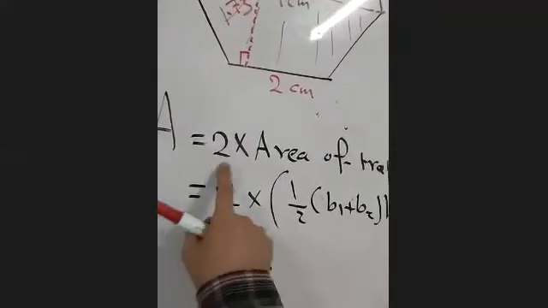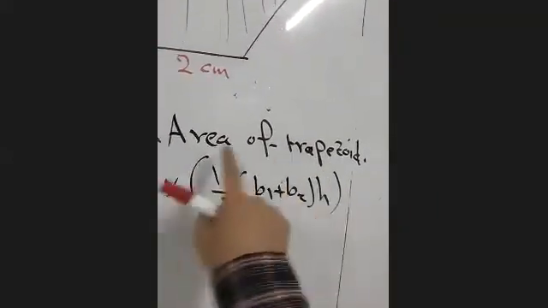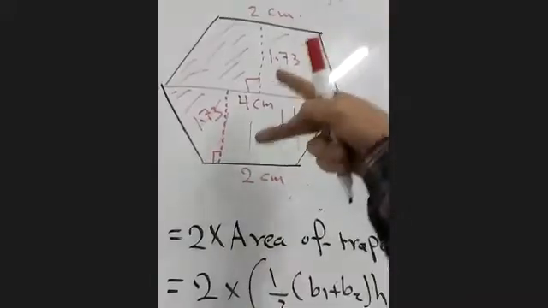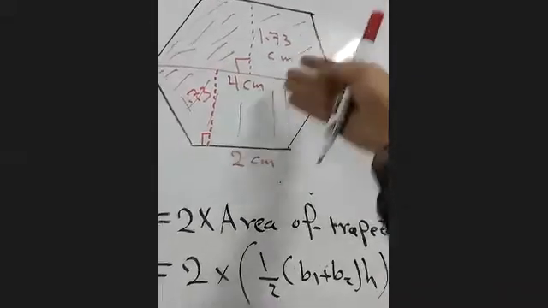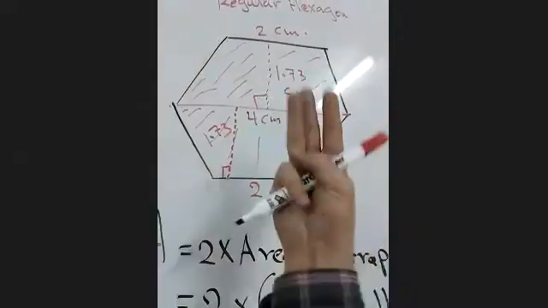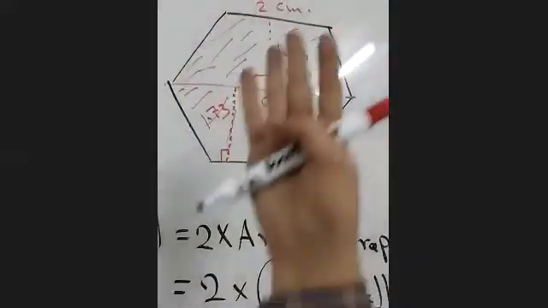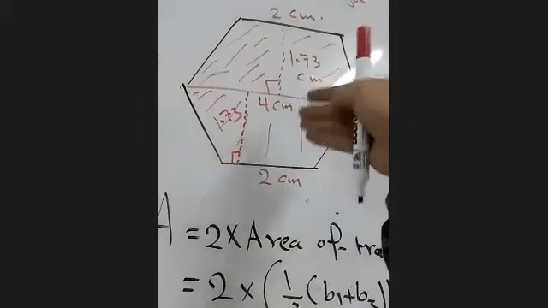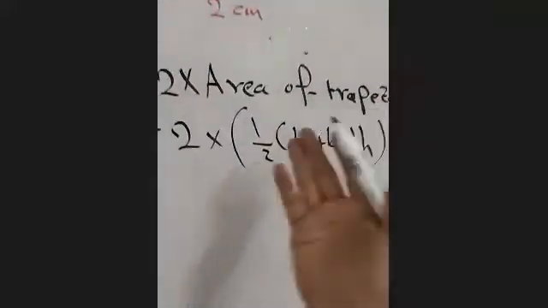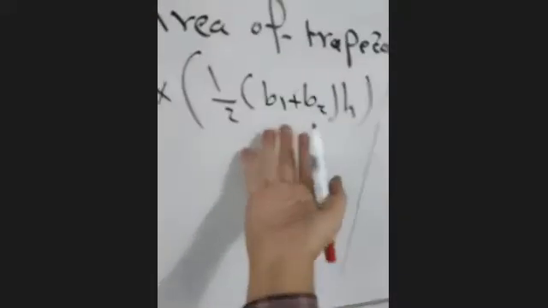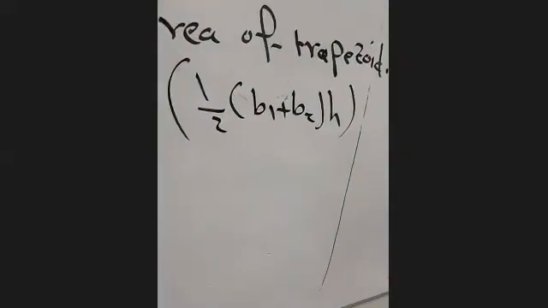A equals 2 multiplied by the area of a trapezoid. Why 2? Because I have 2 trapezoids, and they have the same area. So I put 2. If we have 3 trapezoids, I put 3. 4, I put 4. Whatever. Here I have 2 trapezoids. This is trapezoid 1. This is trapezoid 2. Now, area of trapezoid, the formula. This is the formula which we took.